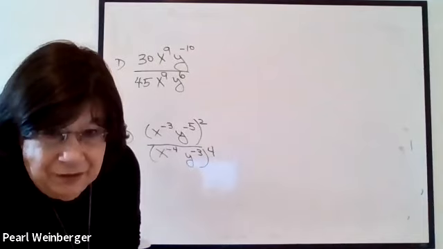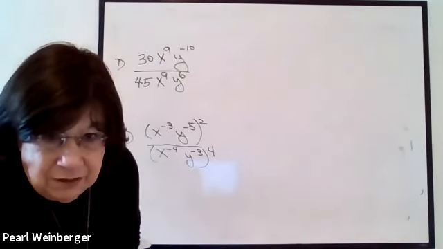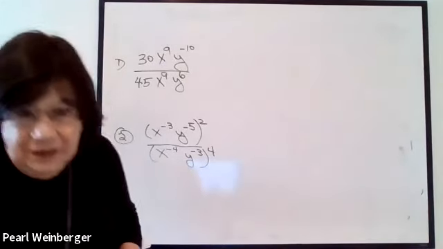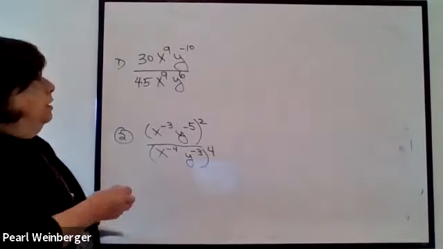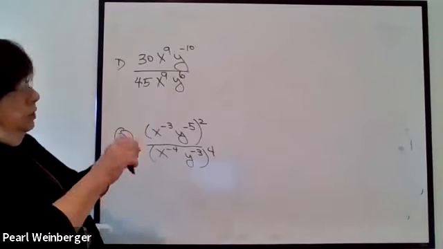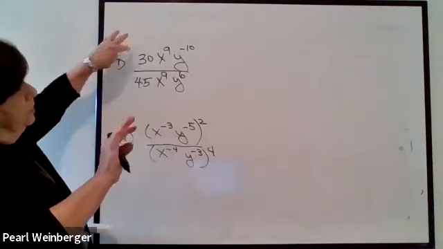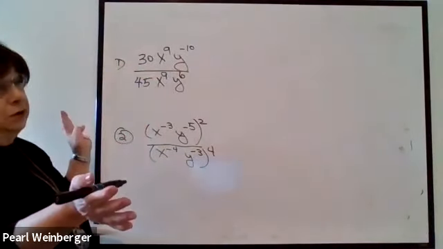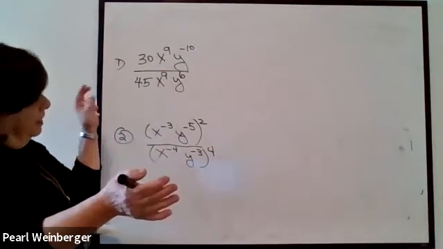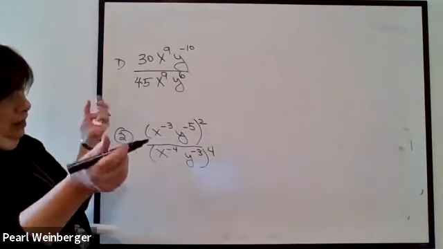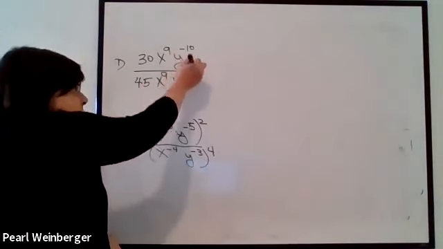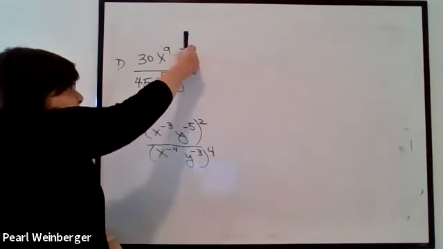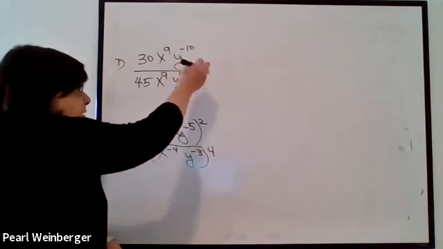Okay, Akeem, thank you for giving us 2 answers. So let's do these together now. First of all, this one, as I said, the first thing we look for is a parentheses, but there are no parentheses. The second thing we look for, are there any 0 or negative exponents? And I see there is one negative exponent, this y to the -10.